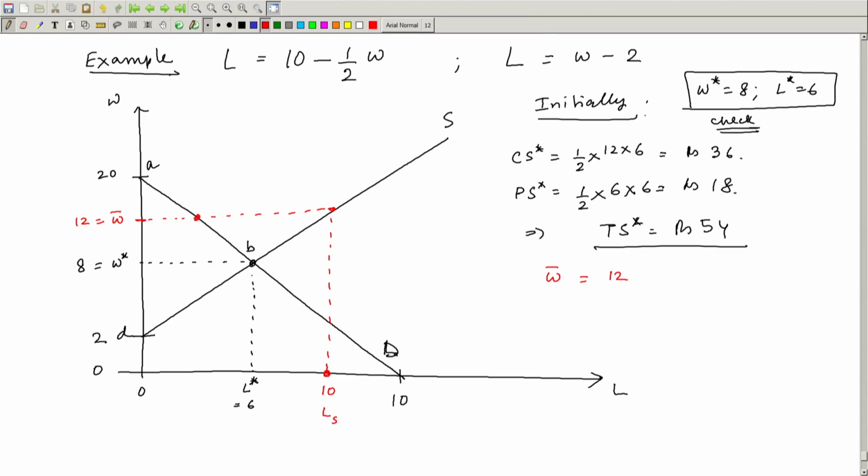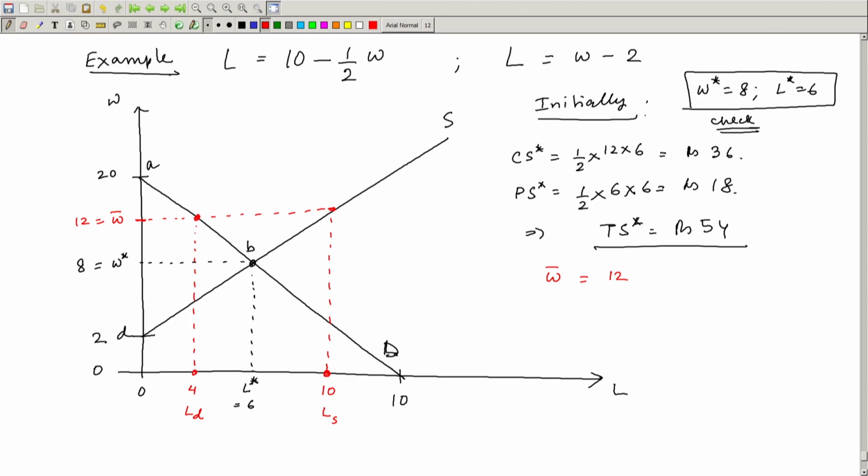Because of the higher wage, firms are going to move up along their demand curve, and the quantity demanded of workers is going to be 10 minus 1/2 of 12. So, 10 minus 6, which is equal to 4. So, this is going to be LD. Now, once a price floor is imposed, there is a mismatch between the quantity supplied of labor and the quantity demanded of labor.